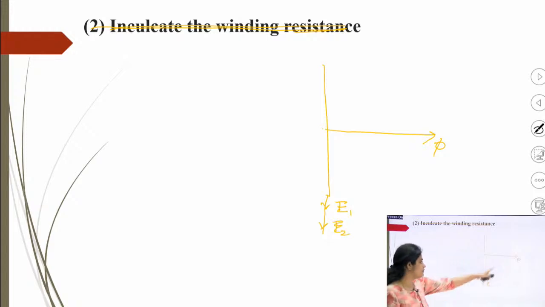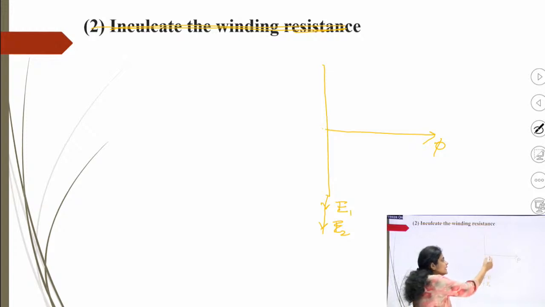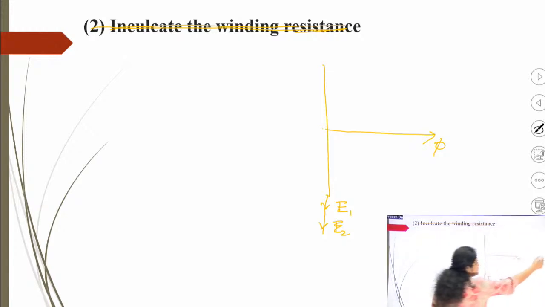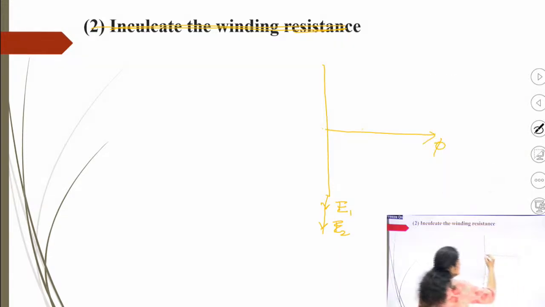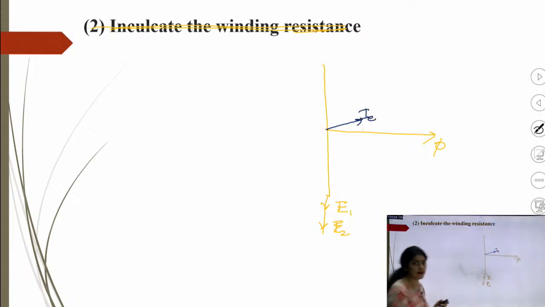So, E1 and E2 will be lagging with the flux by 90 degree, and in the ideal transformer you have drawn IM in the same phase with the flux, but due to the hysteresis loop, you can see, the IE can be drawn leading with the flux.